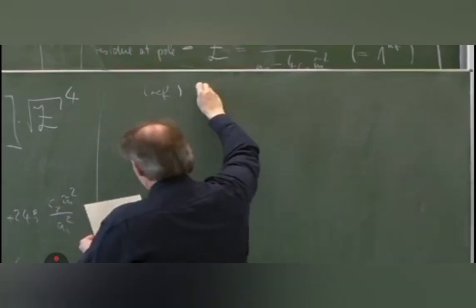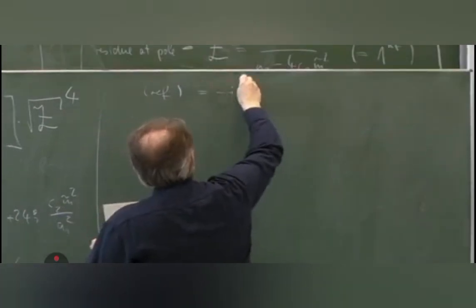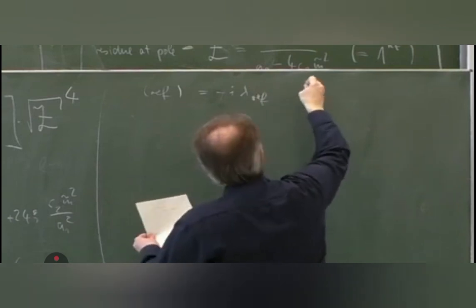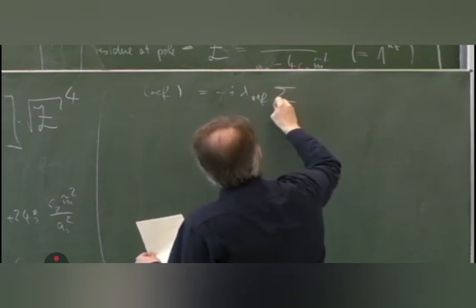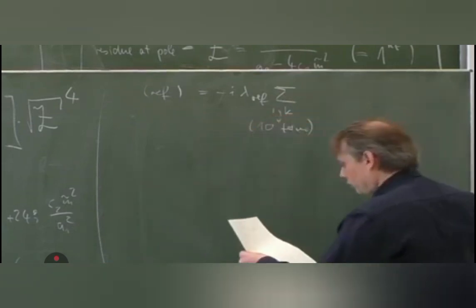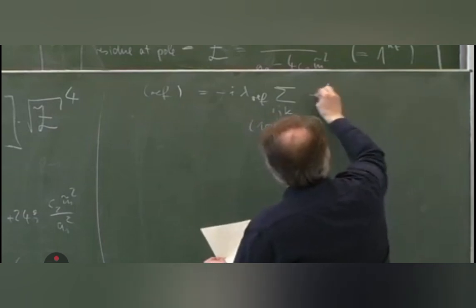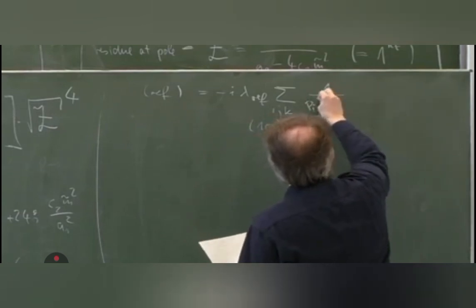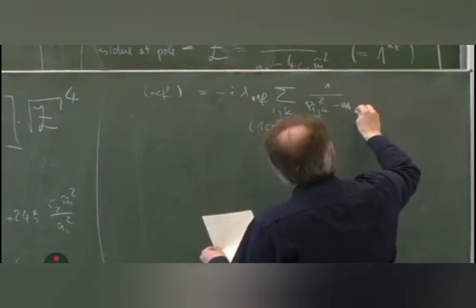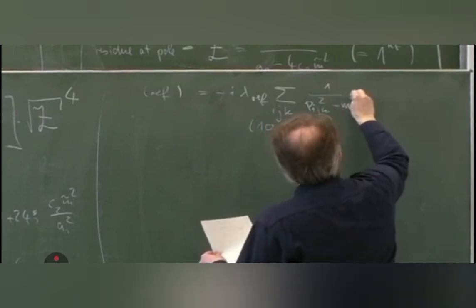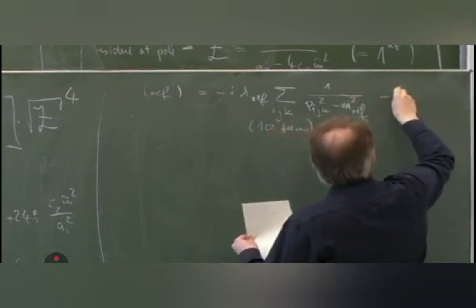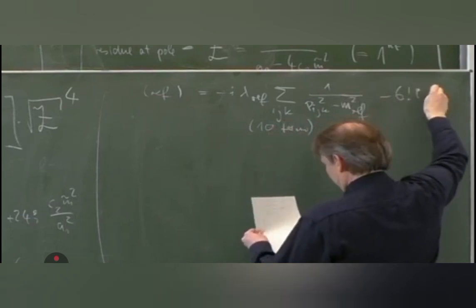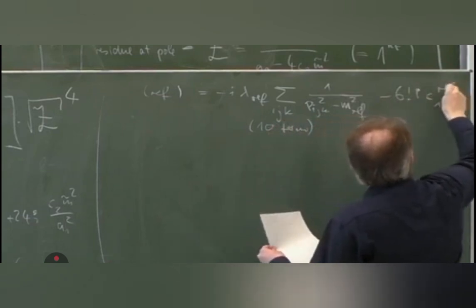So in the reference theory, we get minus i lambda reference times the sum over 10 different index combinations of the indices ijk times 1 over p_ijk squared minus the reference mass squared, minus 6 factorial times i times C1 reference.